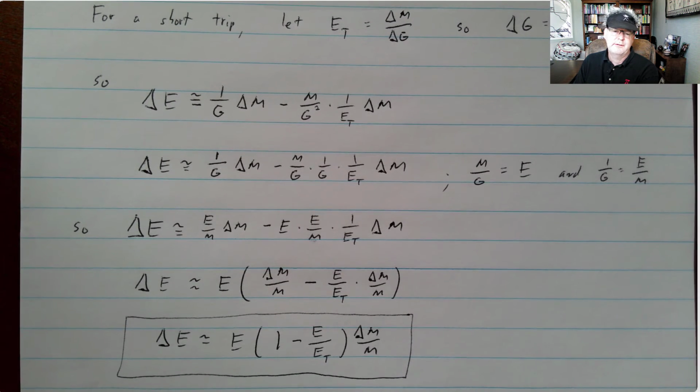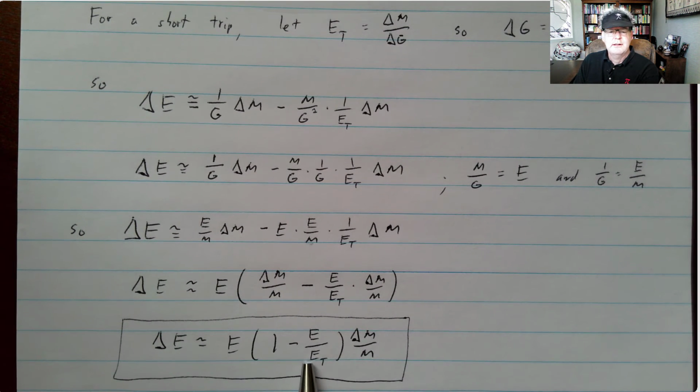So in particular, if the efficiency of the trip is exactly the same as your efficiency before the little trip, then this will be 1, and well, of course, there'll be no change in efficiency, right? So if I was getting 50.9 miles per gallon, and then on a trip I get 50.9 miles per gallon, well, there'll be no change in my miles per gallon that way.